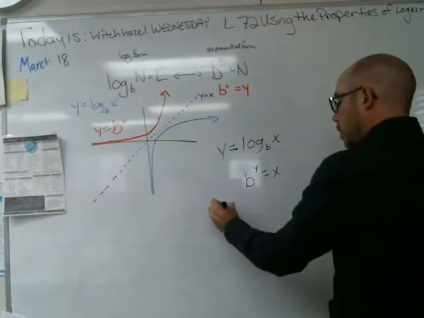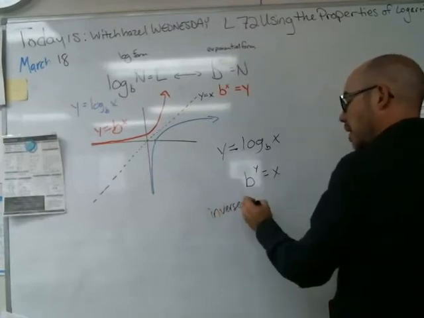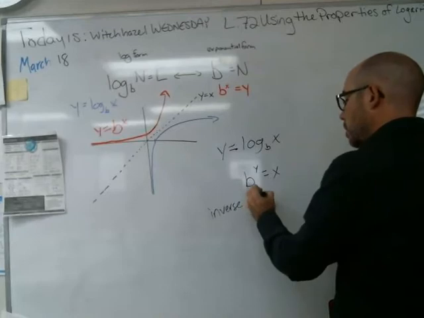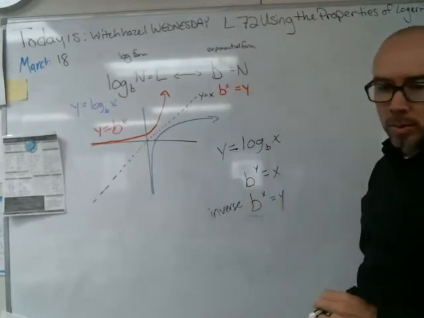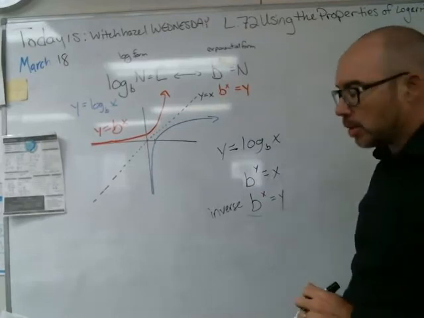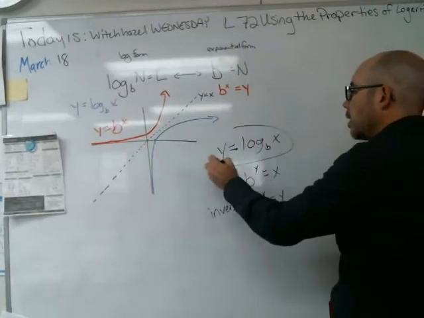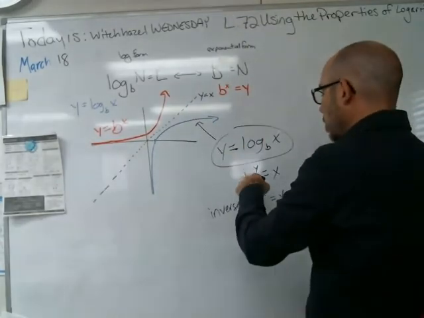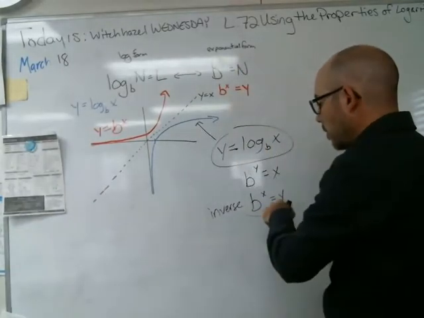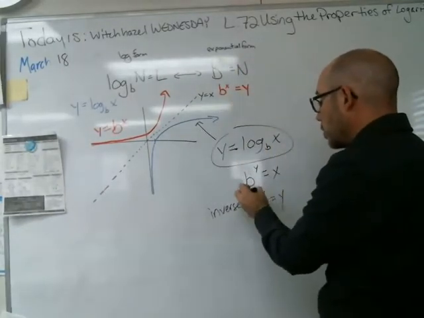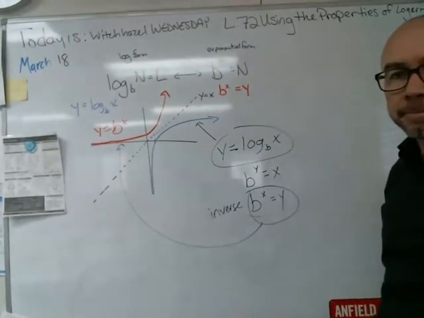So let's look for the inverse of this exponential equation, and that would be b to the x equals y. B to the x equals y, or y equals b to the x. So there we did. We had logarithmic, the blue one. We change its form into the exponential form, and then we find its inverse, and we get the red line.